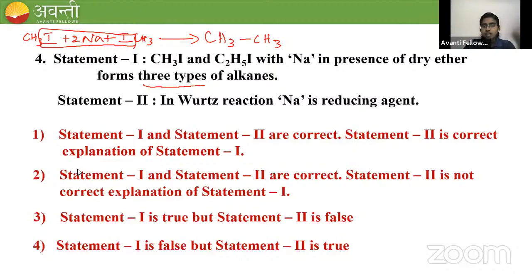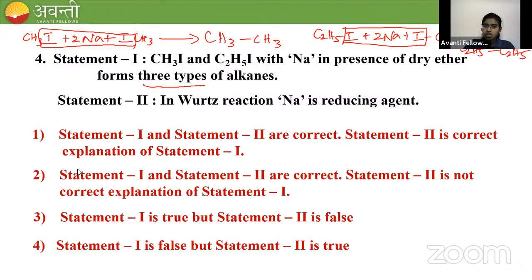Then the ethyl iodide: again 2 moles of ethyl iodide will react with sodium in the solution, with the elimination of 2 NaI, to give C2H5-C2H5. This is the second product. And in the container, we have methyl iodide as well as ethyl iodide, right?